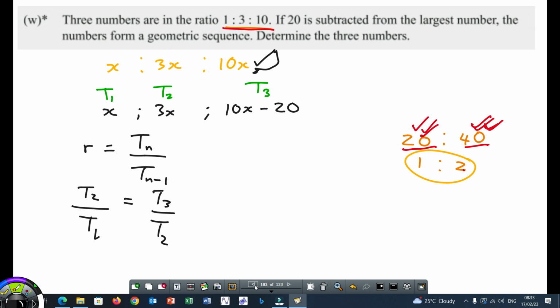The geometric sequence is only created if you subtract 20 from the largest of the three. Only then do you create the geometric sequence. So the question is not asking for the three terms in the geometric sequence, but it is asking for the three original numbers where that ratio came from.